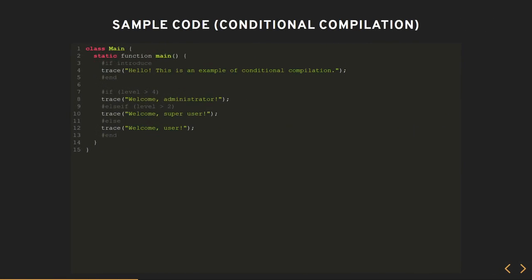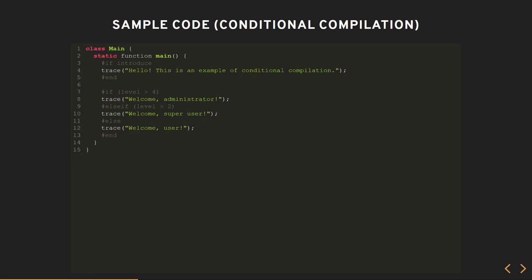Here's another feature. It's called conditional compilation. Essentially, I think of it as compile time if statements. So you can decide to include or exclude certain code at compile time. This is a bit of a contrived example, but usually you would use this for compiling to different platforms.